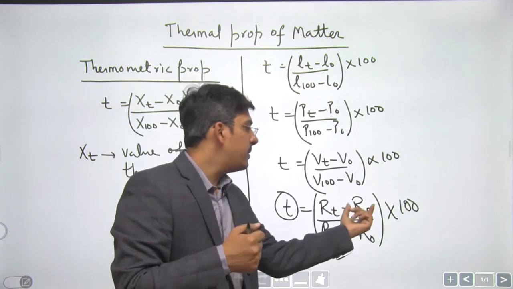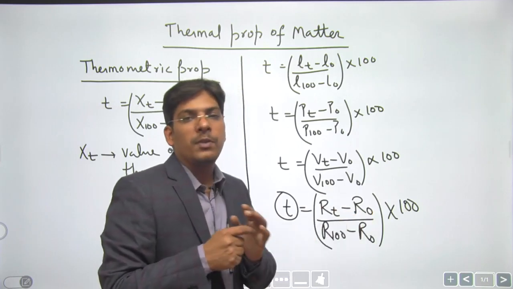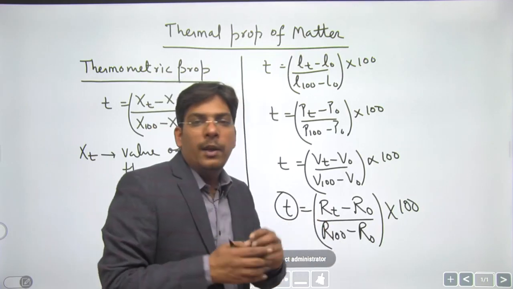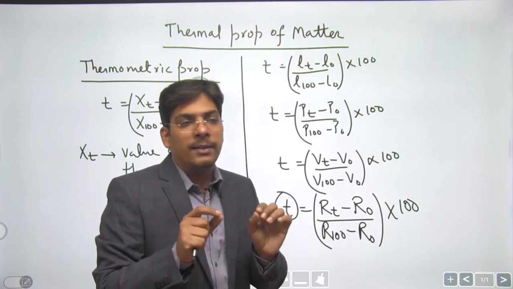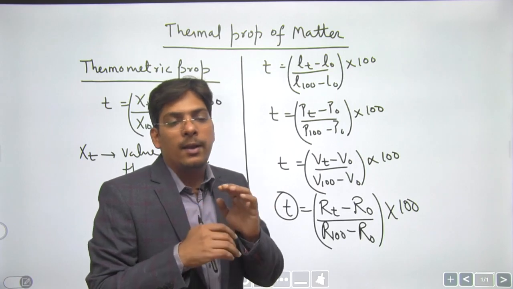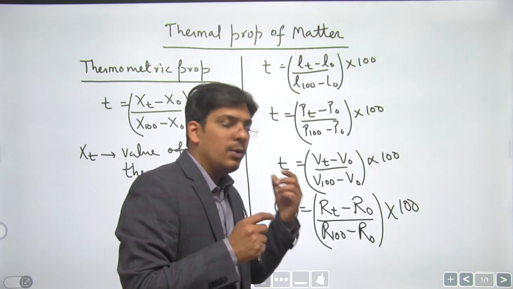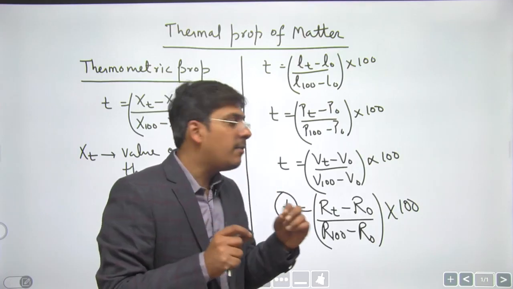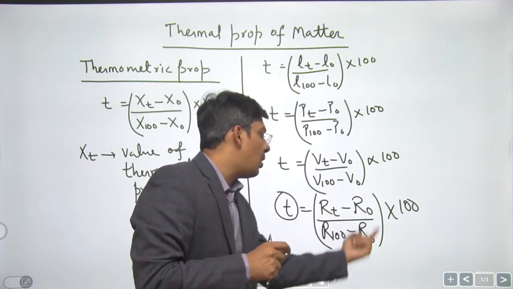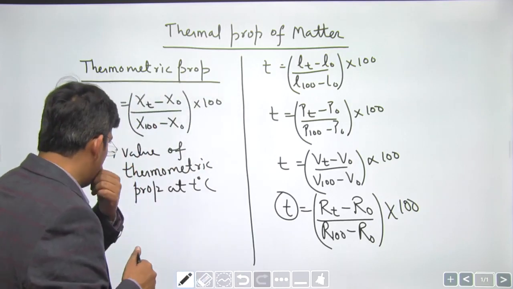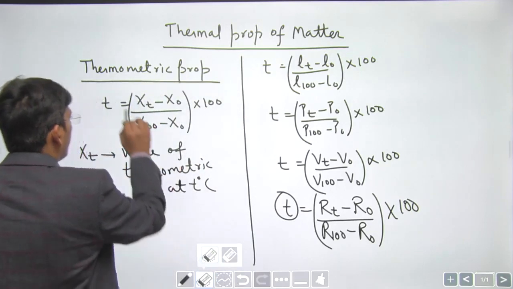At 0 degrees Celsius, you get the value as R0. You dip that wire into boiling water, you get R100. You dip that resistor into a cup having hot tea at some unknown temperature, you get the resistance of that platinum wire to be RT. When you substitute all these values, definitely you are going to get the unknown temperature, dear students.